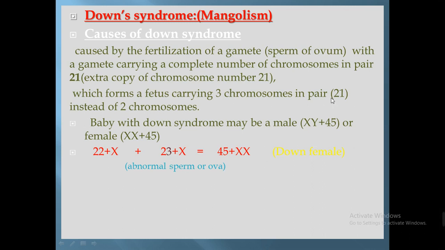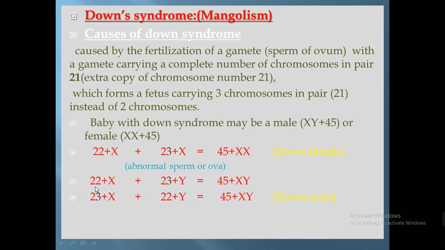Instead of carrying a pair of chromosomes in the karyotype, it carries 3 copies of chromosome 21. So the baby with Down syndrome will be 45 plus XX. So here the sex chromosomes will not be affected. They're normal. But we have an extra autosome or extra somatic chromosome, which is chromosome number 21.